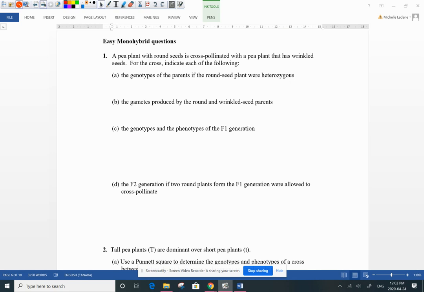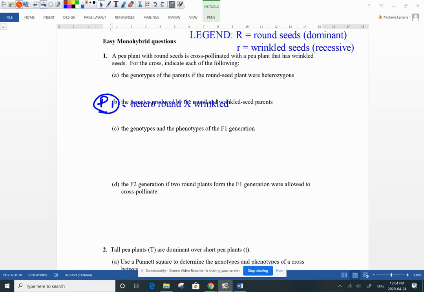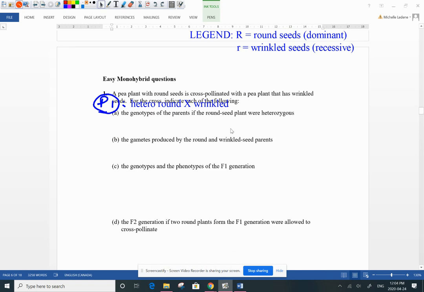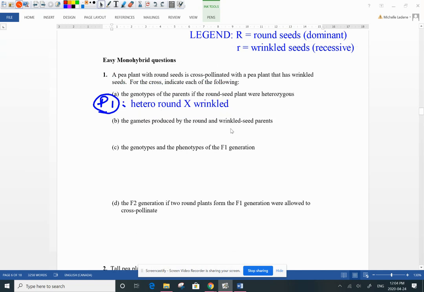Okay, so now what do I do next? Well, I have to decide what my parents' genotypes are. I have a round that is heterozygous, times a wrinkled. What are the letters going to be if it's heterozygous round? Well, it's going to be a big R and a little r. What about the wrinkled? It's wrinkled because it has no big R's.